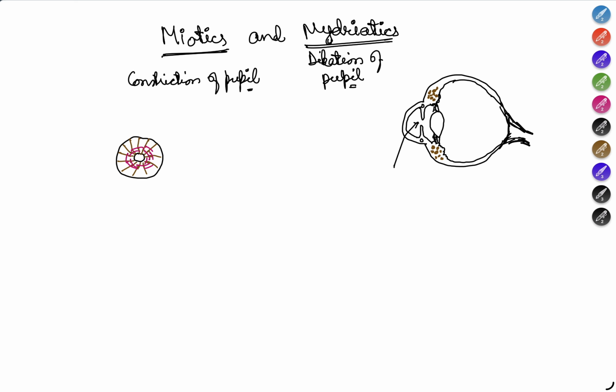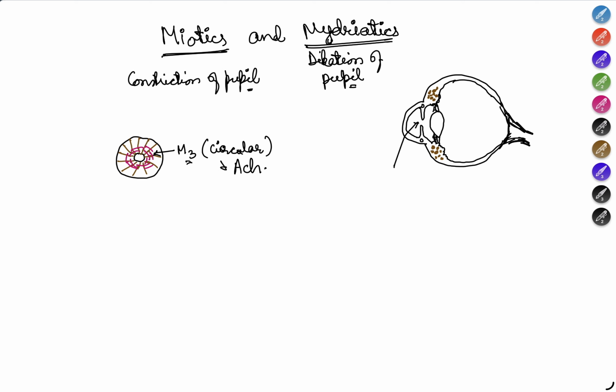The circular muscle has M3 receptors. The circular muscle is supplied by the parasympathetic division, and the neurotransmitter here is acetylcholine. Acetylcholine acts on these M3 receptors and causes contraction of the circular muscle, or constriction of the pupil.